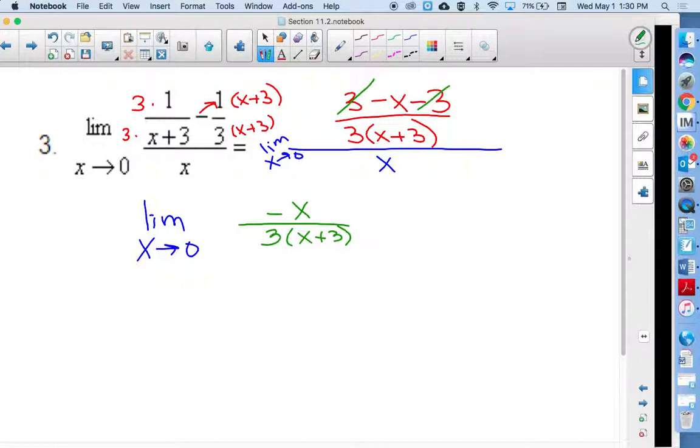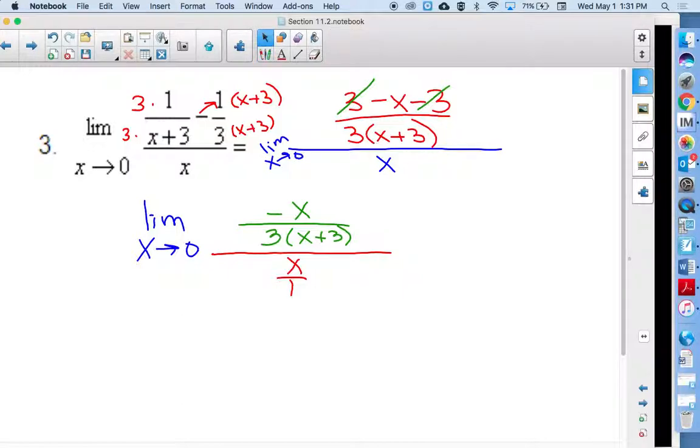So that's the numerator. The denominator says divided by x, but I'm going to make it into a fraction as well so that you see a fraction divided by a fraction. So think in your brains with all those concepts that you've gone over. What happens when you divide by a fraction? What are you truly doing, Michael, when you divide by a fraction? Yeah, you're multiplying by the reciprocal.